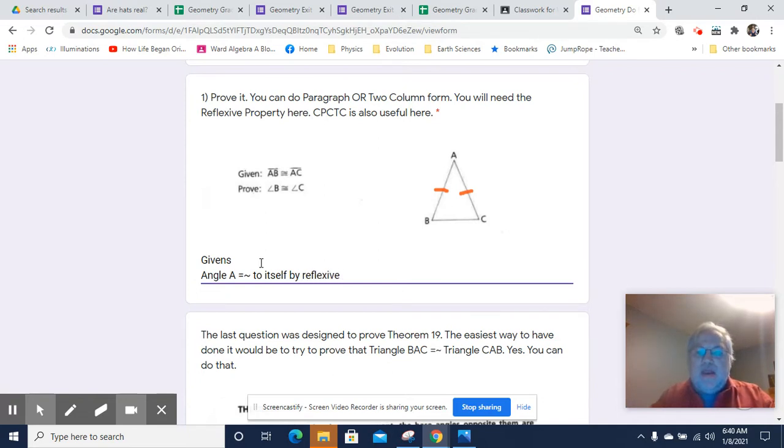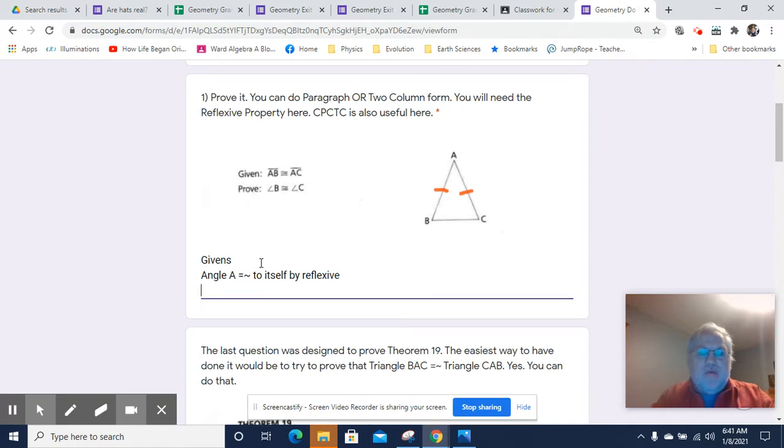Okay, and with that, we now have a side angle side thing we could do. We could also say BC is congruent to BC by, I'm going to call that CB to emphasize that I'm going to flip that, by reflexive as well.